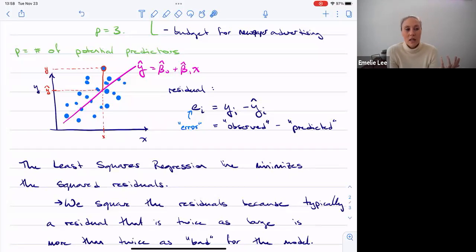And that is a way that we can deal with this, right? And we can still minimize those distances, but by squaring it, we get a little bit more information, okay? Because what we find is that the line actually needs to get pulled towards any extreme values, right? And so then we need to account for that in our least squares regression line. Okay. So that's why we use the squared value.